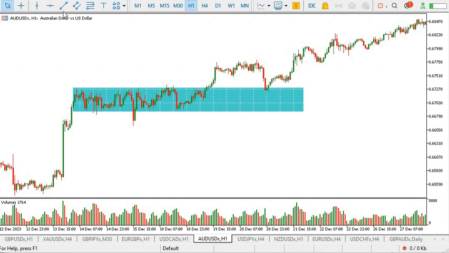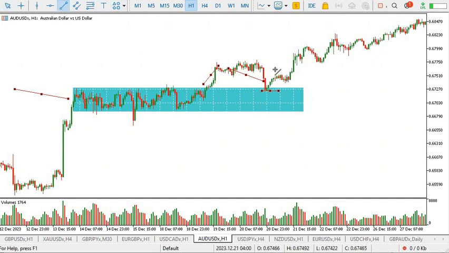You can see we can call it a bullish uptrend, and there formed a rectangle. The market moved between 2 points, between support and resistance, and once the market broke the rectangle to the upside, it came down to retest the previous resistance area, or to retest the rectangle pattern.